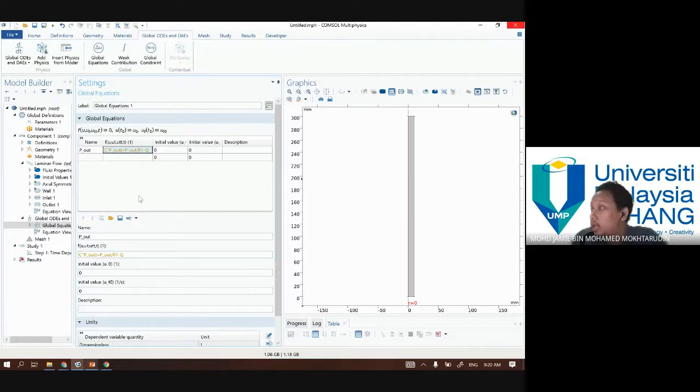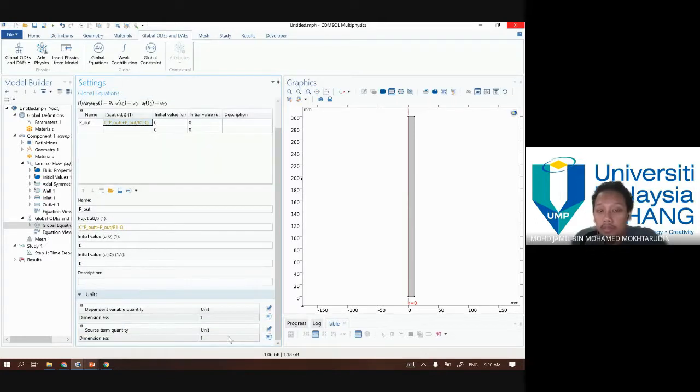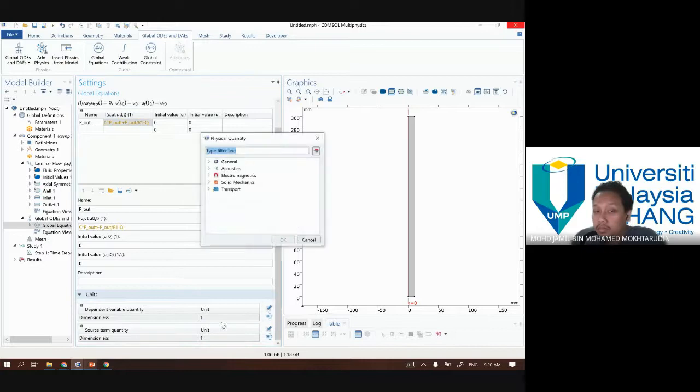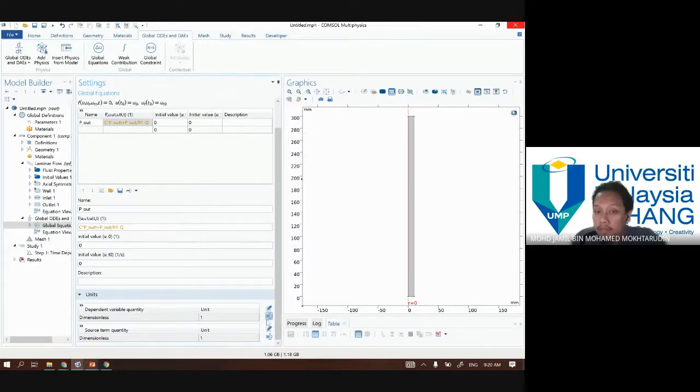Okay, we need to change the unit first. The dependent variable, we change to Pascal. And for the source term, we change to meter cube per second. When you change this, the yellow will become black.